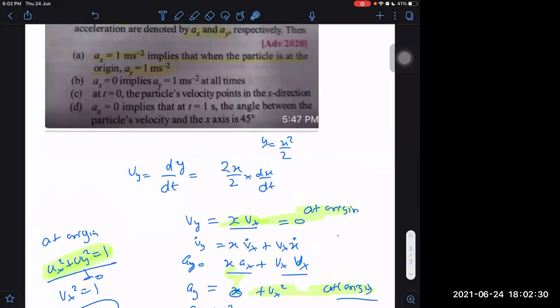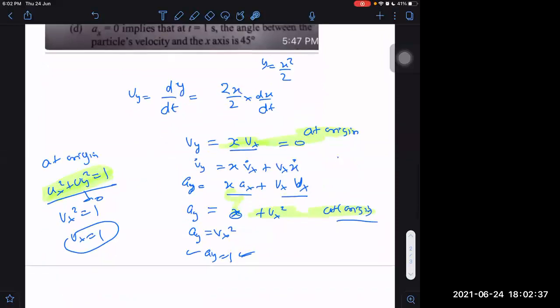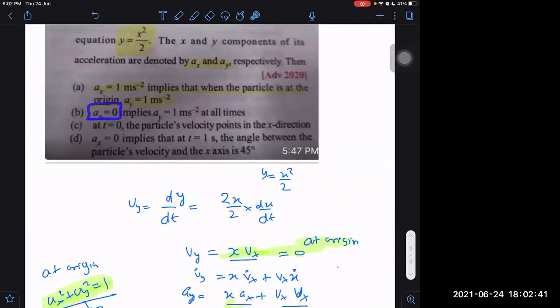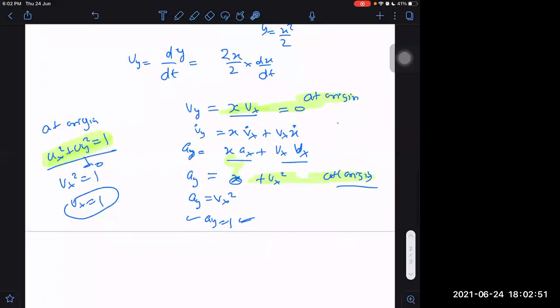Next, ax equal to 0 implies ay is equal to 1 meter per second square at all times. We can't say, sir. Let us check. If acceleration along the x-axis is 0, then we can say ay is equal to vx square.